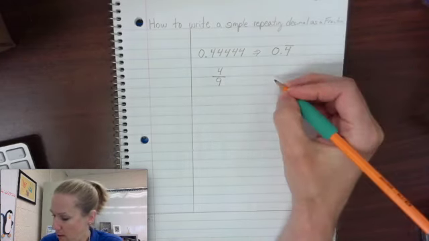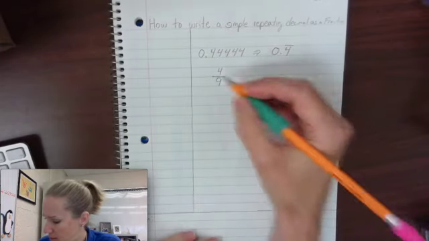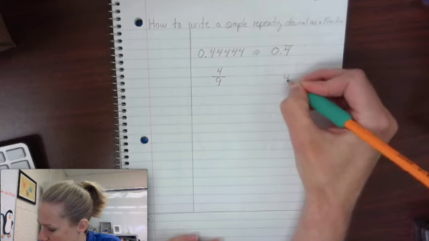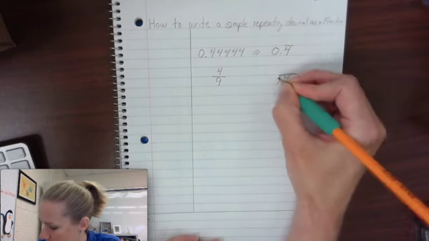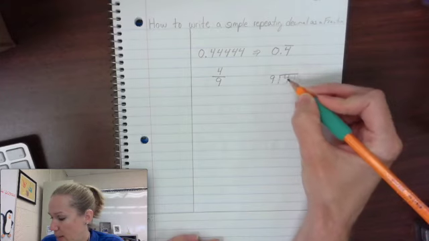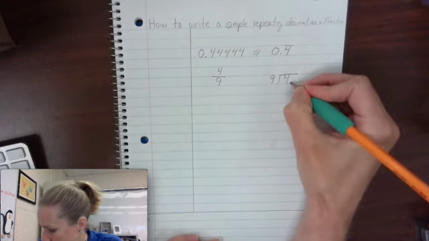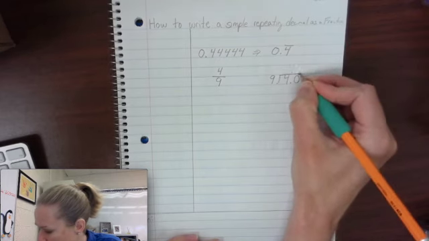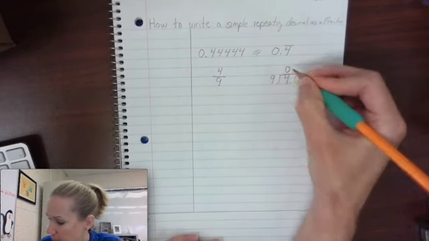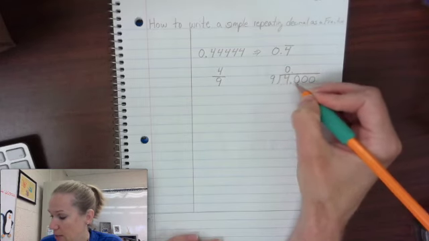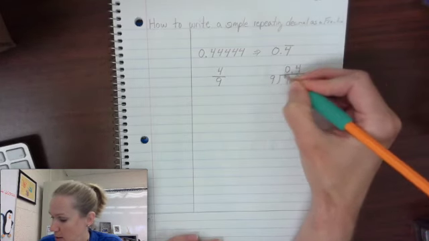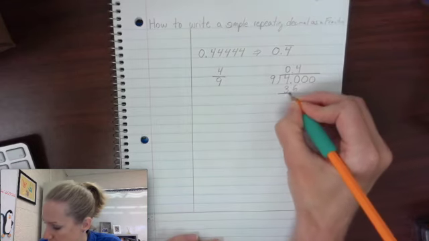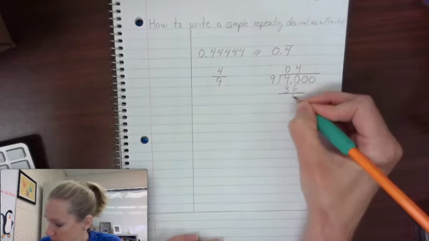And to prove that, let's go ahead and reverse engineer this. We have 4/9, so 4 divided by 9. Now when we take 9, it does not go into 4. So we're going to have to put some zeros back here, and I always like to do 3. You know that from the previous video. 9 does go into 40 4 times. 4 times 9 is 36. 40 minus 36, well, that's 4.